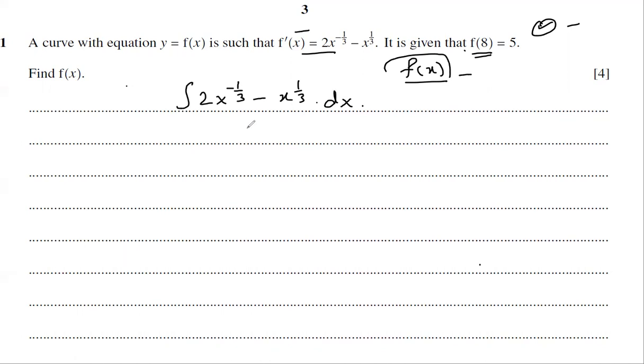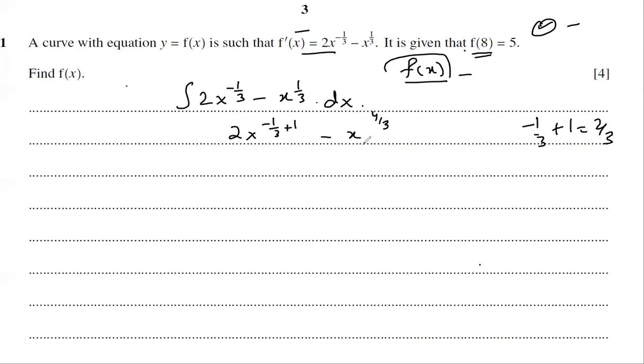Okay, and bringing it backwards, we are getting 2x power minus 1 upon 3 plus 1. So minus 1 upon 3 plus 1, we are getting 2 upon 3. And this is minus x power 1 upon 3 plus 1, it becomes 4 upon 3.